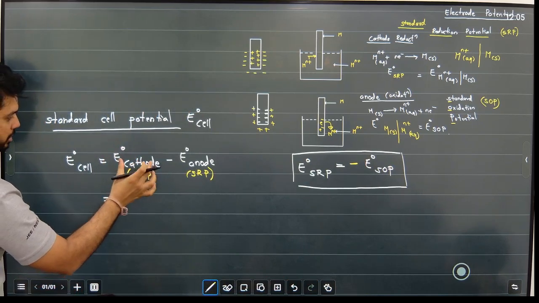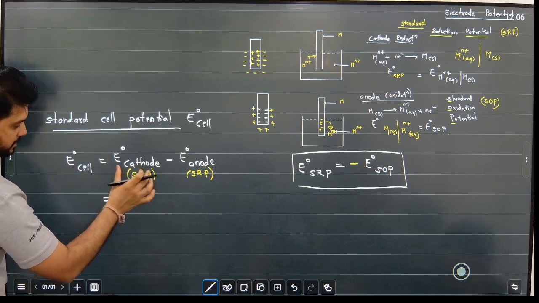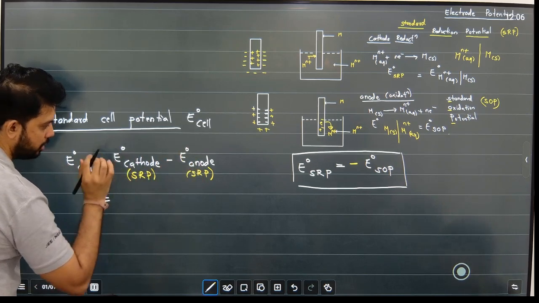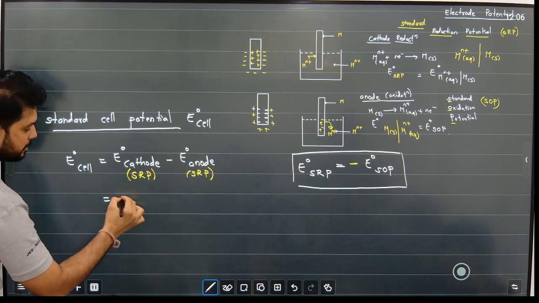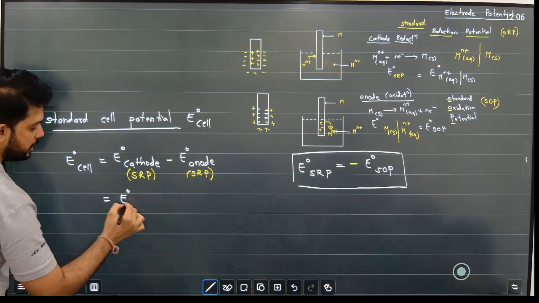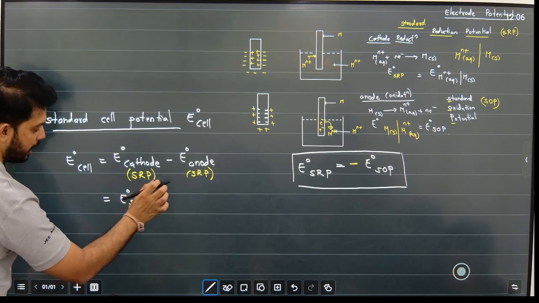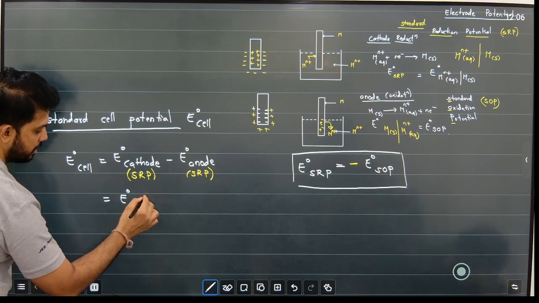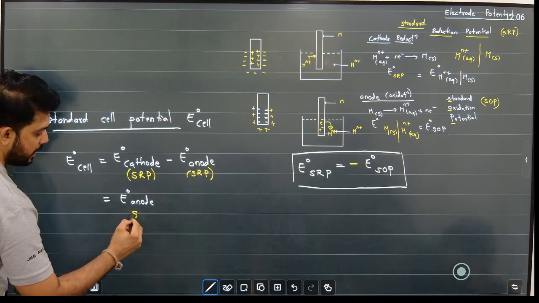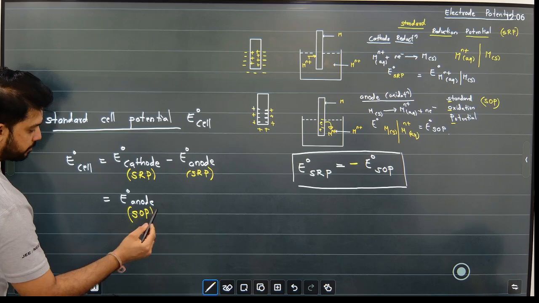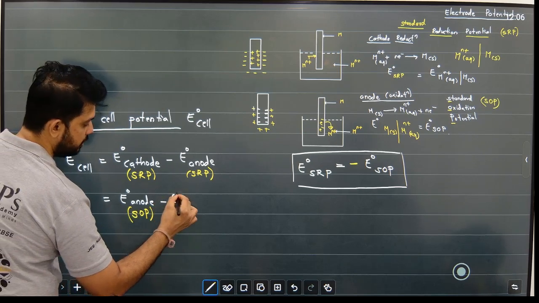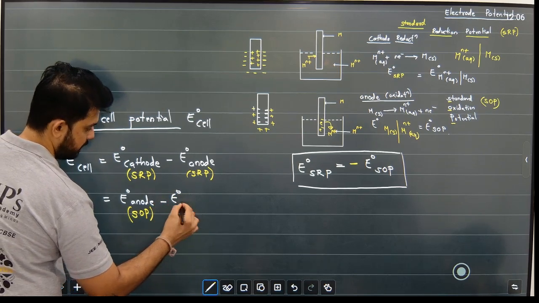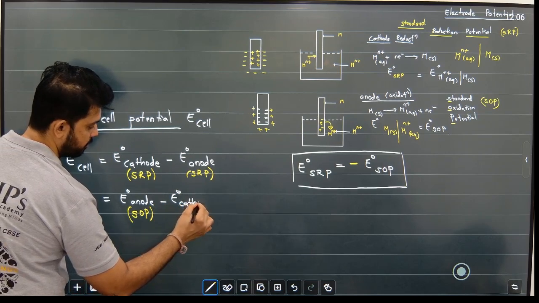Instead of E naught SRP of cathode minus E naught SRP of anode, I can write the same formula in terms of SOP as E naught SOP of anode minus E naught SOP of cathode.